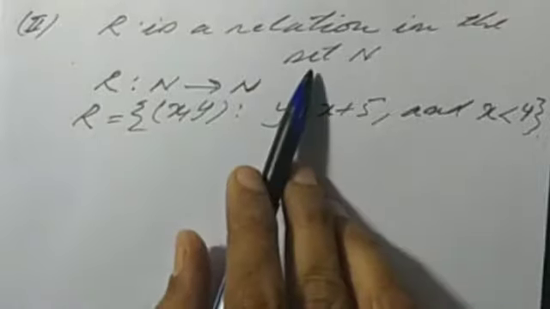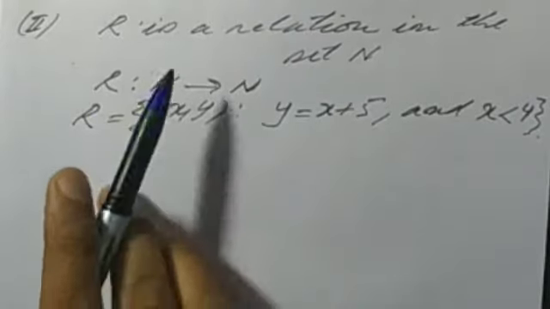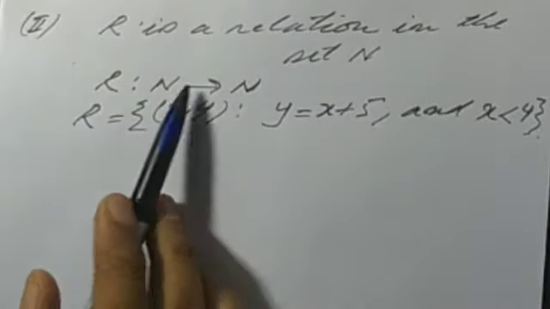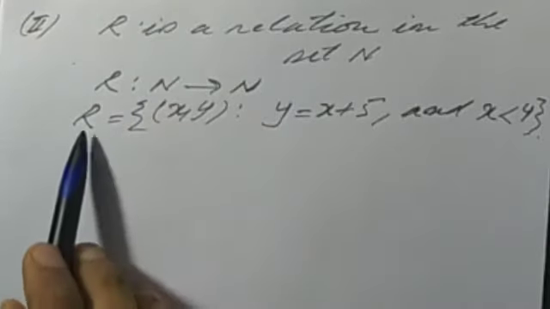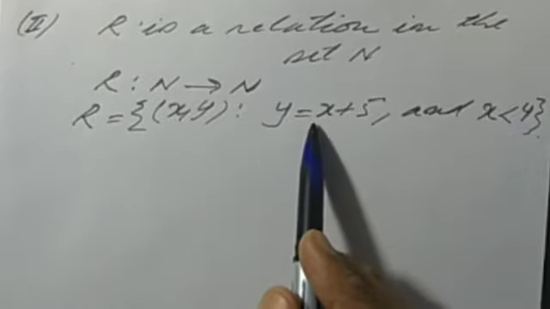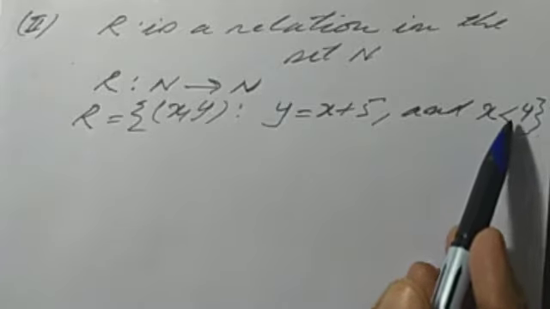Now the second part of the first question: R is a relation in the set N, where N indicates the set of all natural numbers. R is a relation in a set means the domain and codomain are both the same set N, and R is defined as the set of ordered pairs (x, y), where y is x plus 5 and x is less than 4.